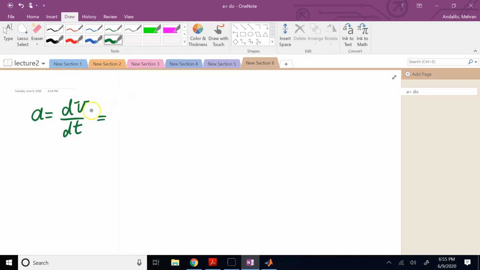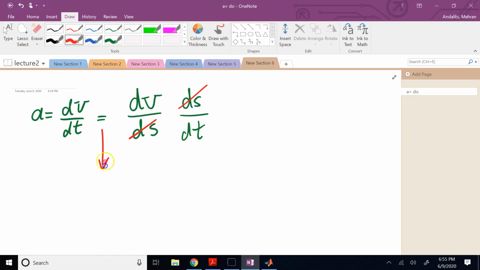So what we do here, instead of taking the derivative with respect to time, I take the derivative of velocity with respect to position, and then the derivative of position with respect to time. It's kind of like these two ds would cancel out and you get dv over dt back. This is called the chain rule, and we use it a lot in this course.